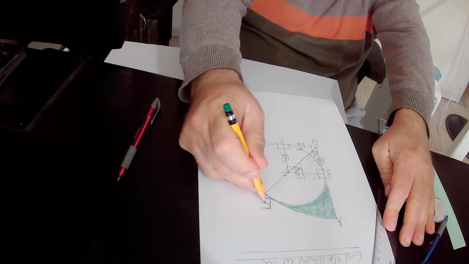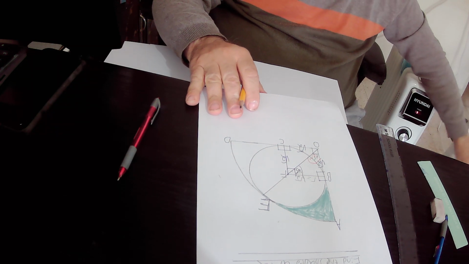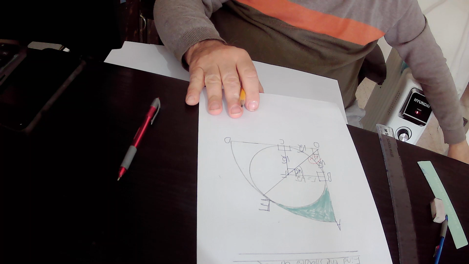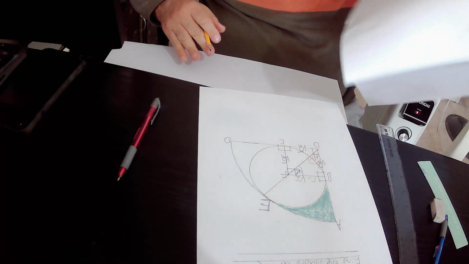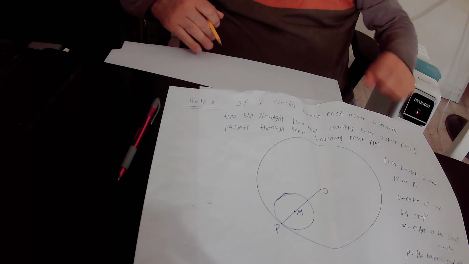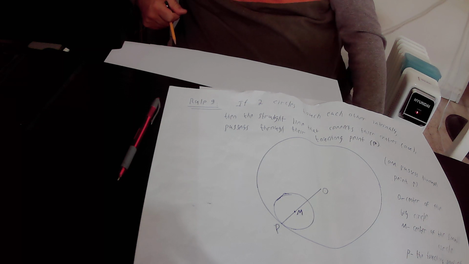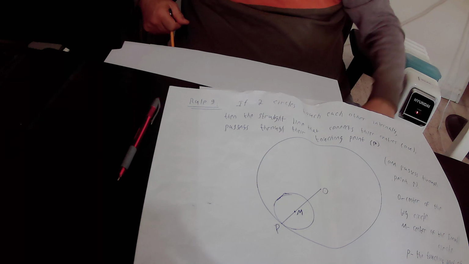So here we have rule 9. Repeat quickly on rule 9. According to rule 9, if two circles touch each other internally, then the straight line that connects their centers together must pass through their touching point.